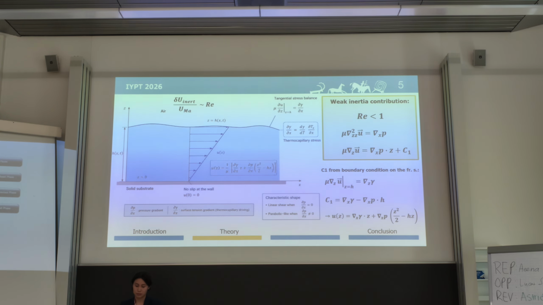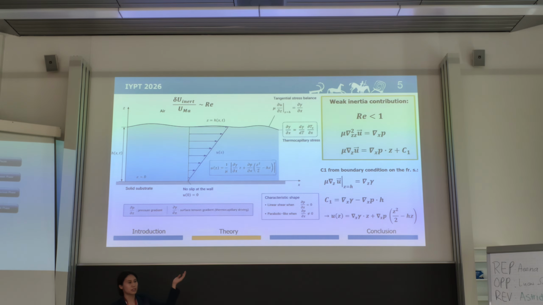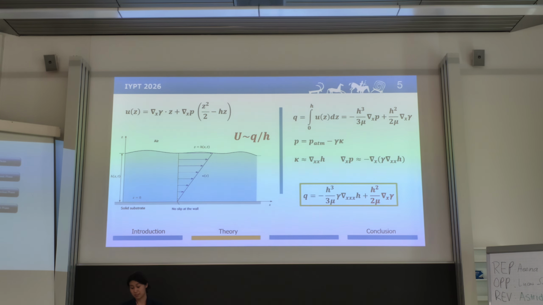I also measured the Reynolds number in order to check whether my fluid is laminar. So as we can see, the inertia is not really relevant because it's less than 1. So that's why we can use this.